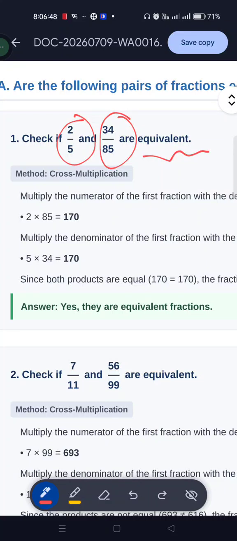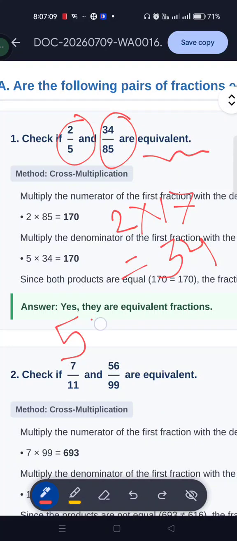So you will check whether 34 comes in the table of 2. If you multiply 2 by 17, you get 34. And in the denominator, if you multiply 5 by 17, you will get 85.